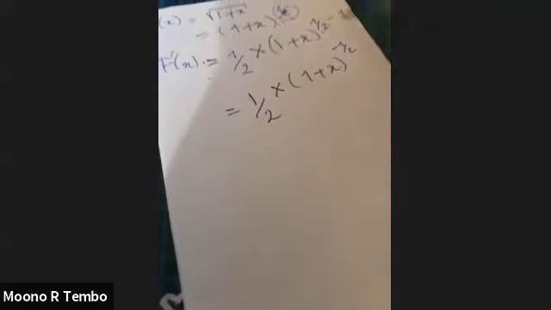1 times this here becomes negative 1 over. When your power is negative, what happens to your entire expression? It comes to the bottom.